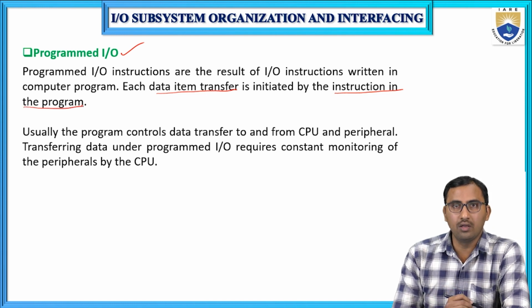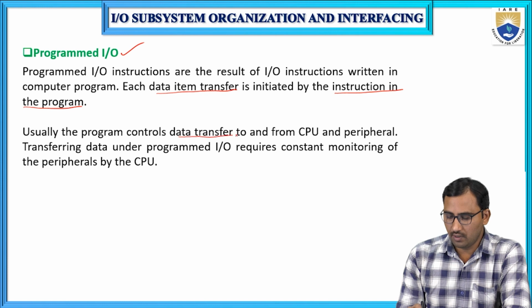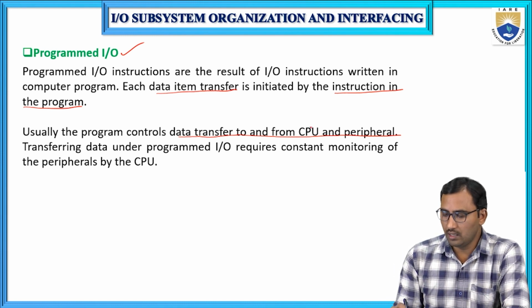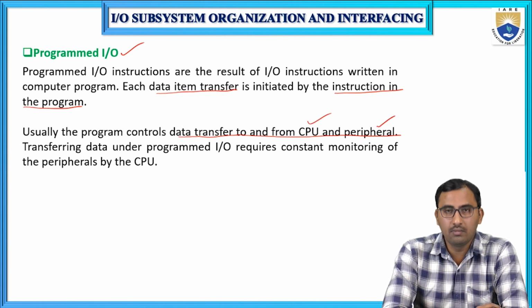So that's why it is called programmed I/O data transfer. Usually the program controls the data transfer to and from CPU and peripheral. So the program itself controls the data transfer between the CPU and the peripheral. That's why it is called programmed I/O data transfer.